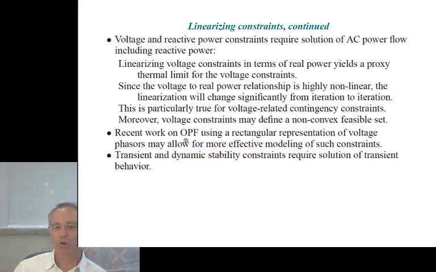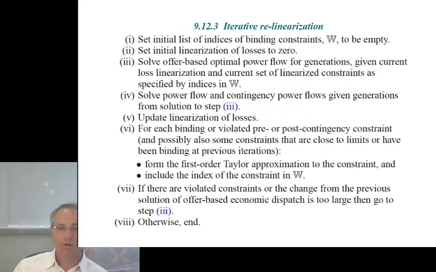Indeed, recent work on OPF using a rectangular representation may allow for more effective modeling of such constraints. Pushing even further, we could imagine modeling transient and dynamic stability constraints. However, supposing that the linearized iteration works reasonably well, we can consider that approach.